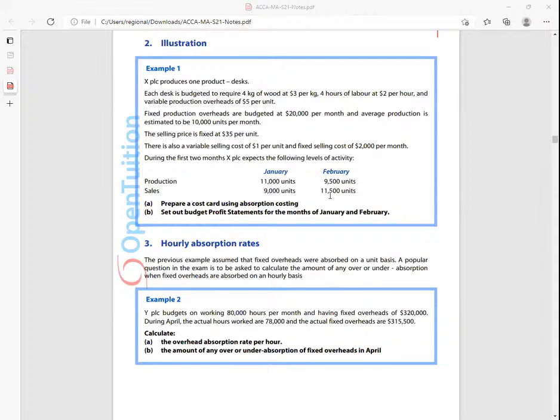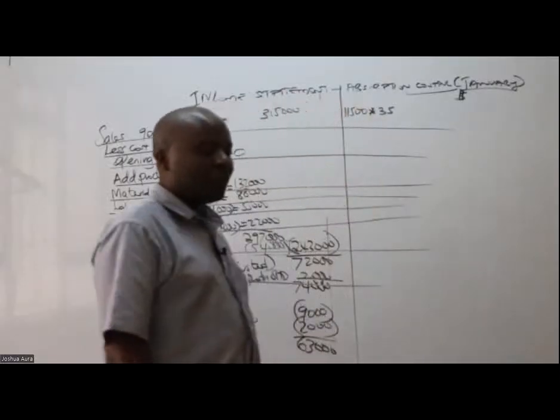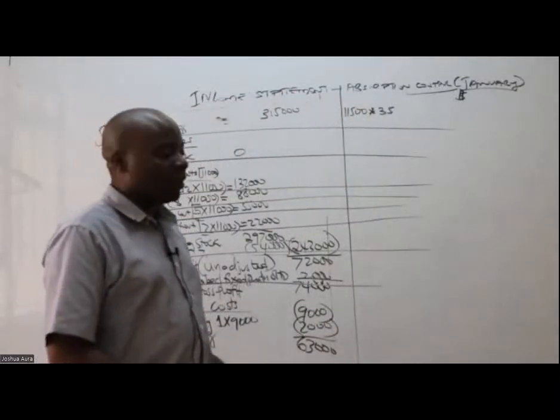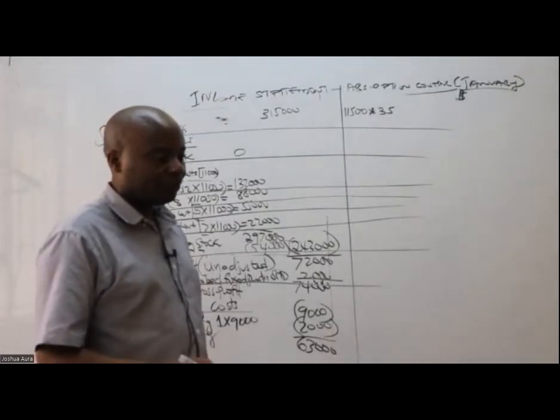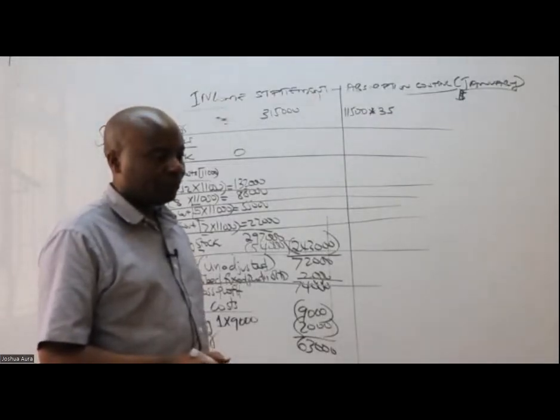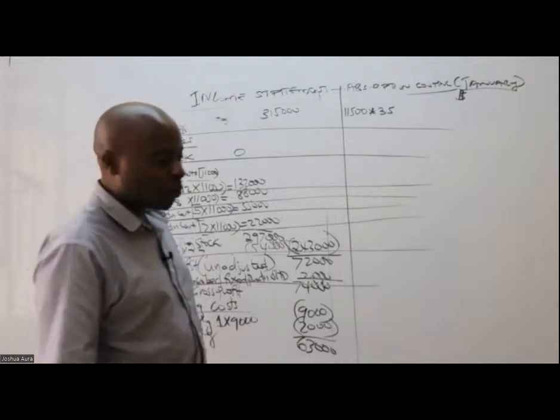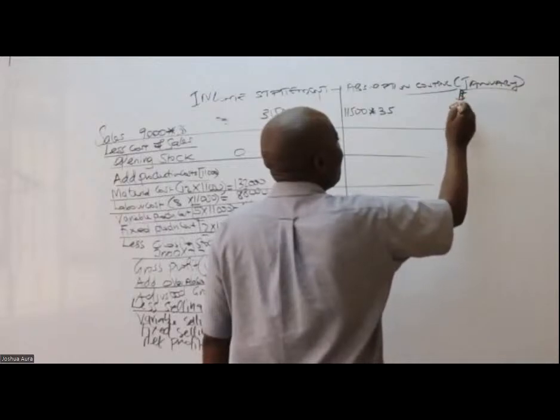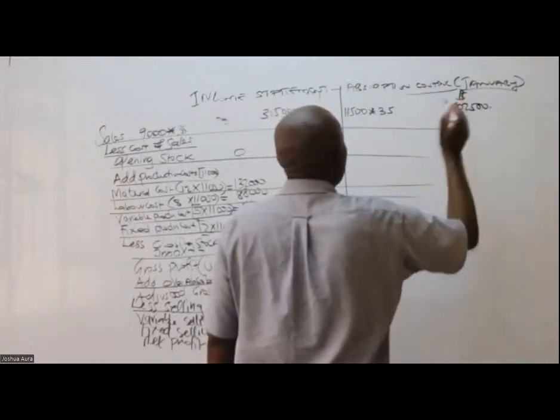So 11,500 times 35 will give us what figure? $402,500. Thank you so much.